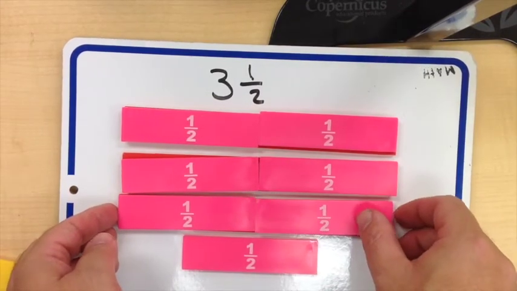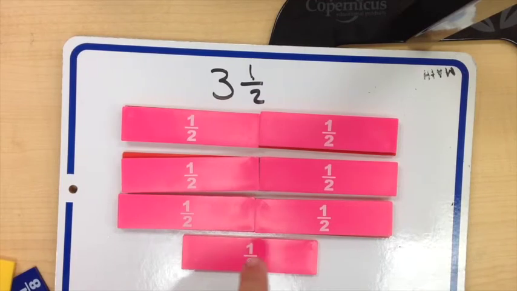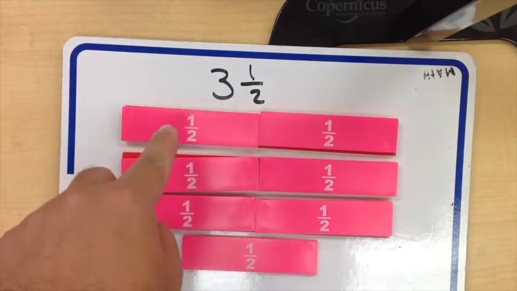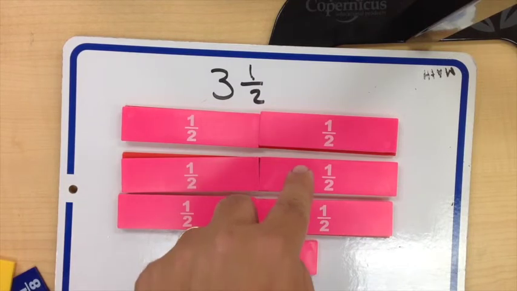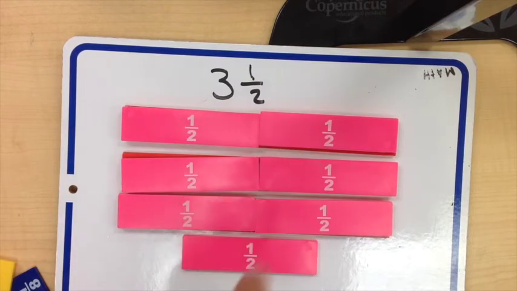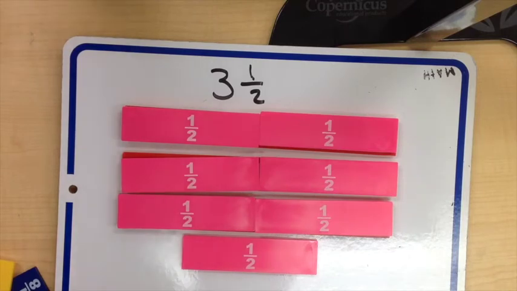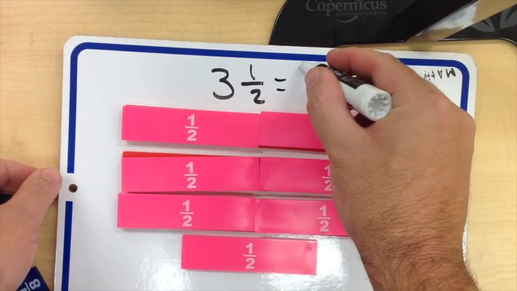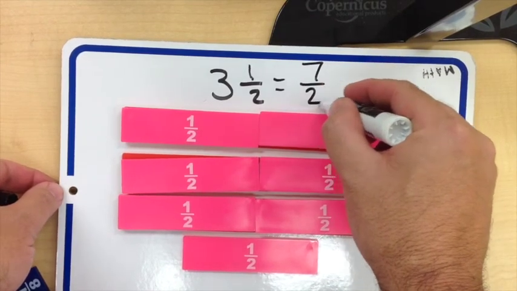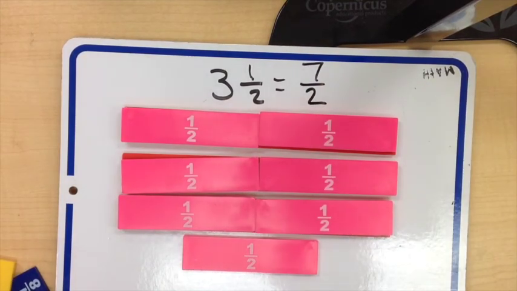There's 6 halves. And then my leftover 1/2 there. So I have 1, 2, 3, 4, 5, 6, 7. So 3 1/2 as a mixed number equals 7/2 as an improper fraction.